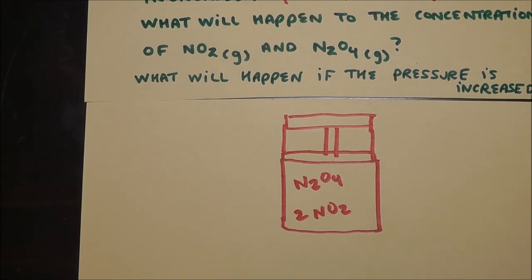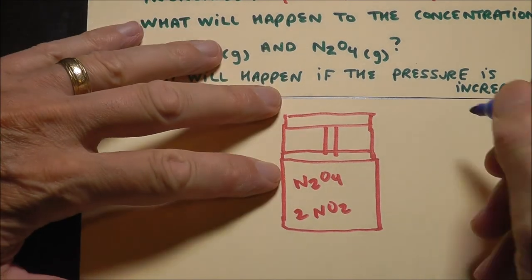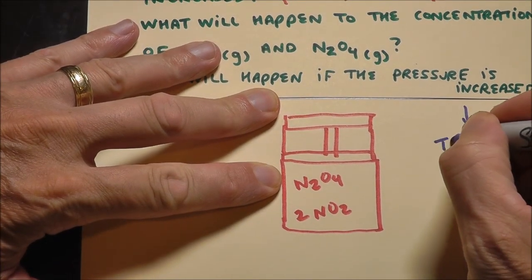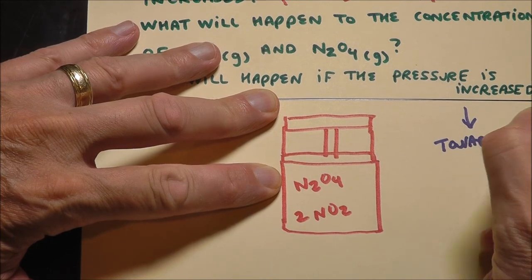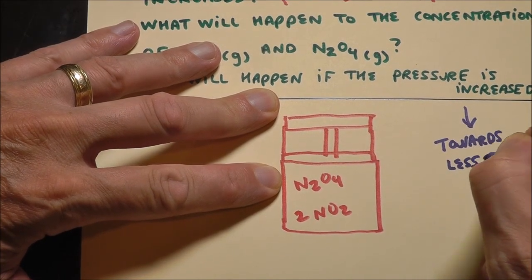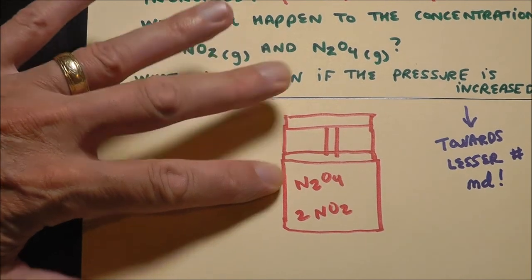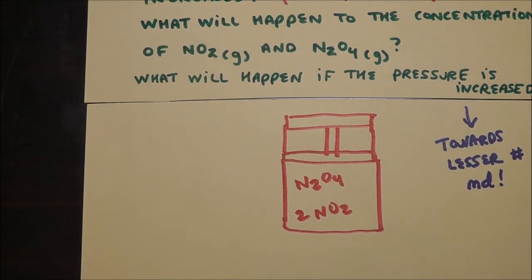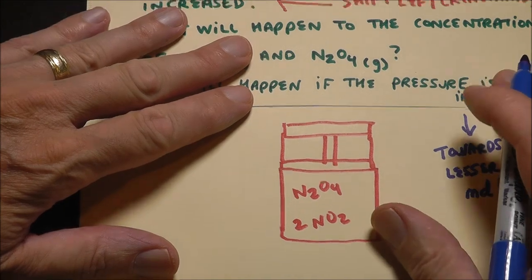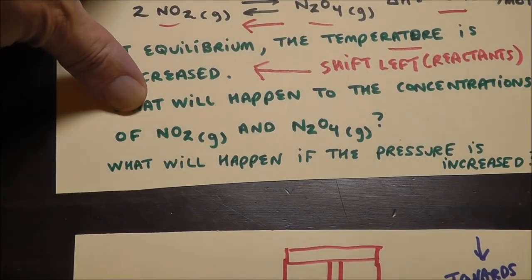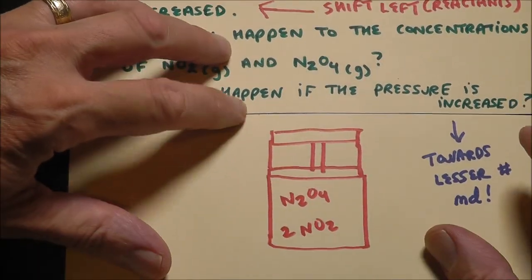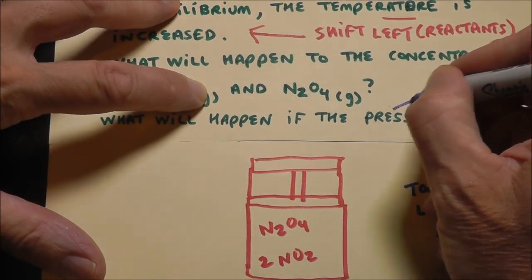And then what happens is, when increasing the pressure, it's going to go towards the lesser number of moles. In this case, there is a lesser number of moles, and that would be to shift to the right, so this would be towards products.